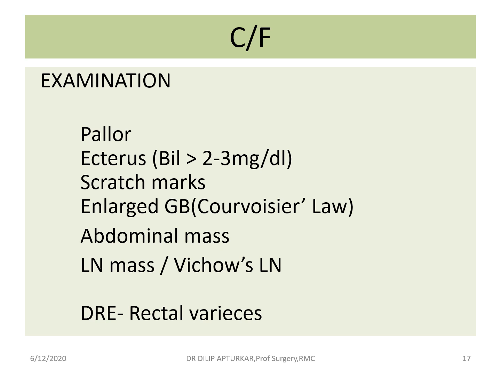Abdominal mass can be there if there is any lesion in the liver or gallbladder, or in case of malignancy of pancreas, or any nodal mass, lymph node mass. Again, look for Virchow's supraclavicular lymph node in case of advanced malignancy.